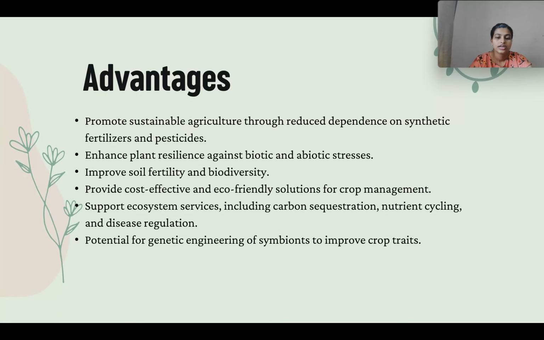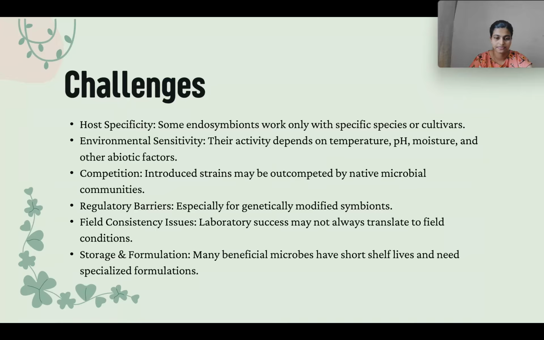And the last but not the least, advances in genomics and synthetic biology can allow the genetic engineering of the symbionts to improve crop traits or introduce new biological functions. Next come the challenges.